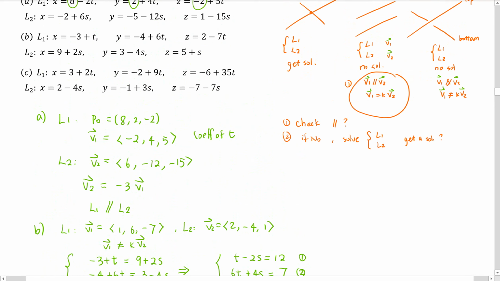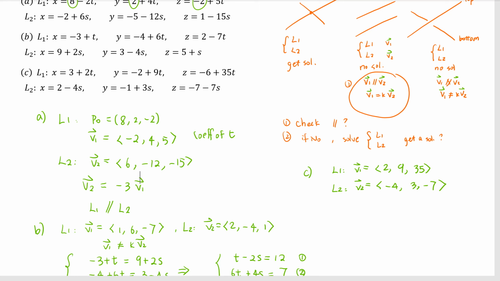Next, C. Let's figure out the vectors. The direction first. We have 2, 9, 35. And the second one, we have minus 4, 3, and minus 7.